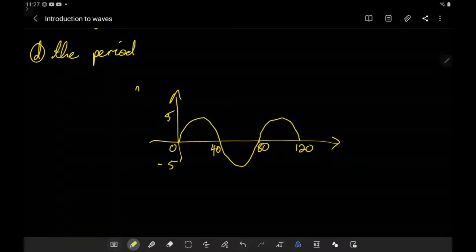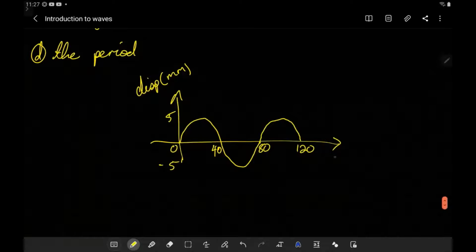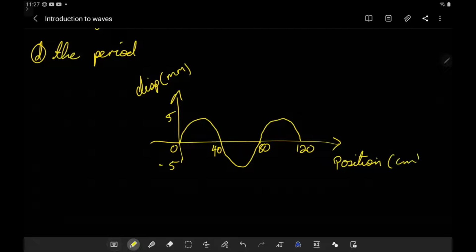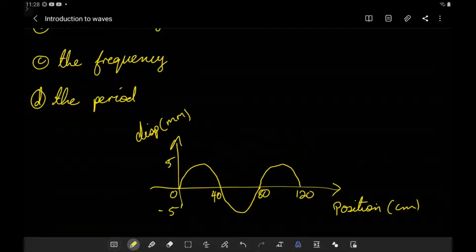This was displacement in millimeters, and this would have been position in centimeters. So the amplitude of this wave will be what? What is the maximum displacement? Look at which axis is given displacement.